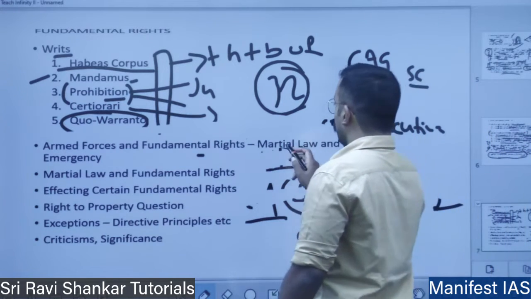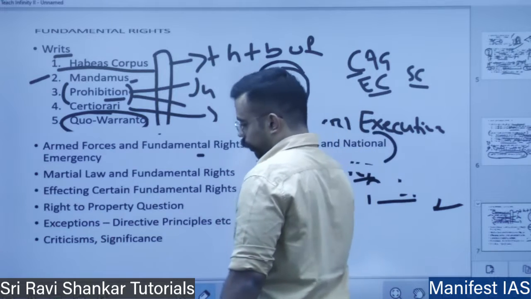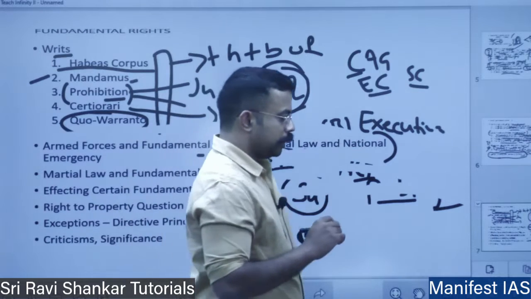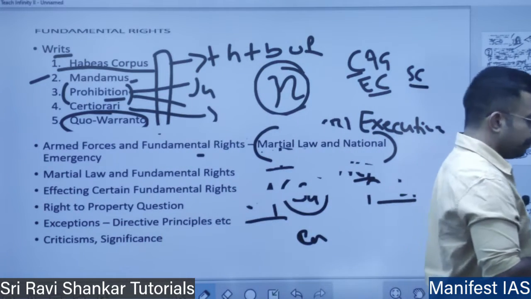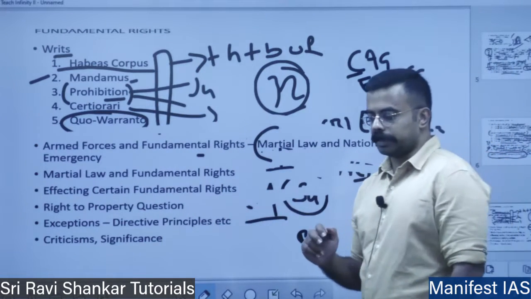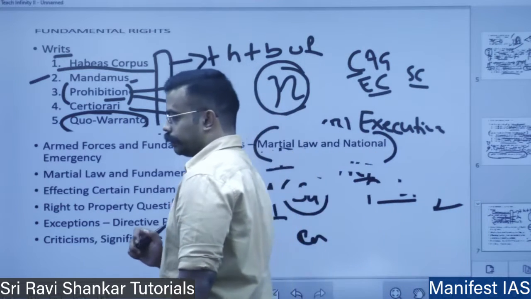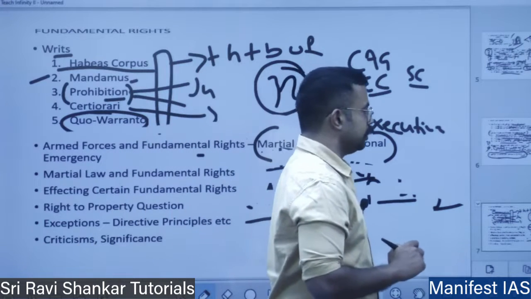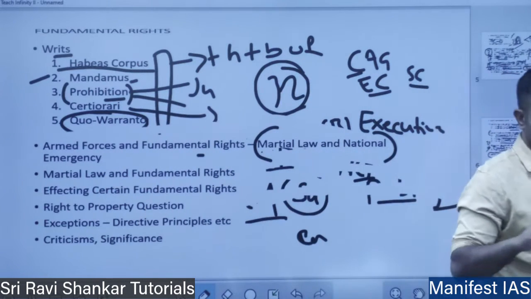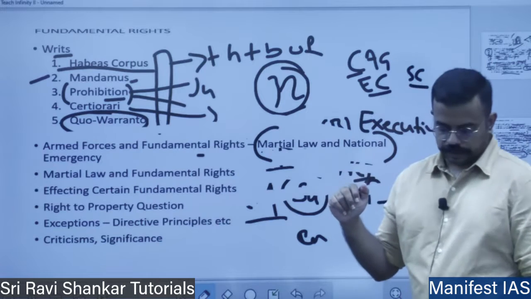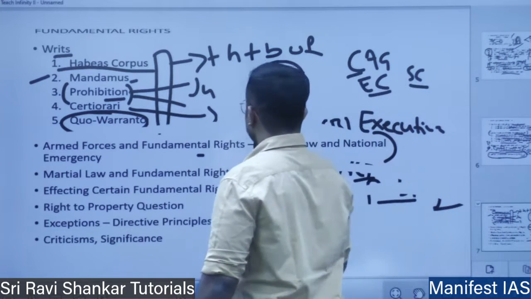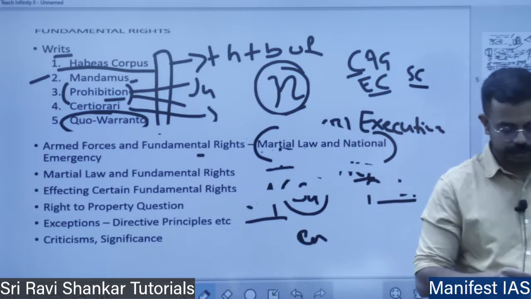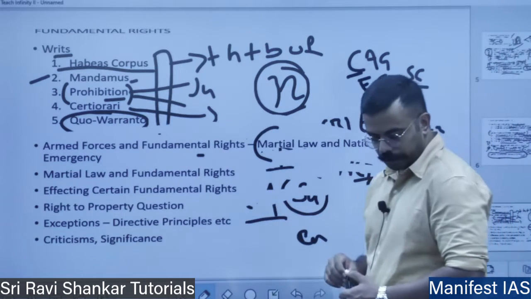Next comes martial law and national emergency. Are they both the same? No. So martial law means imposition of military rule, whereas national emergency is imposition of emergency by the central authority. Who imposes it? It is the President of India who imposes the emergency. So there are certain differences. You can note it down. Martial law only affects the fundamental rights.